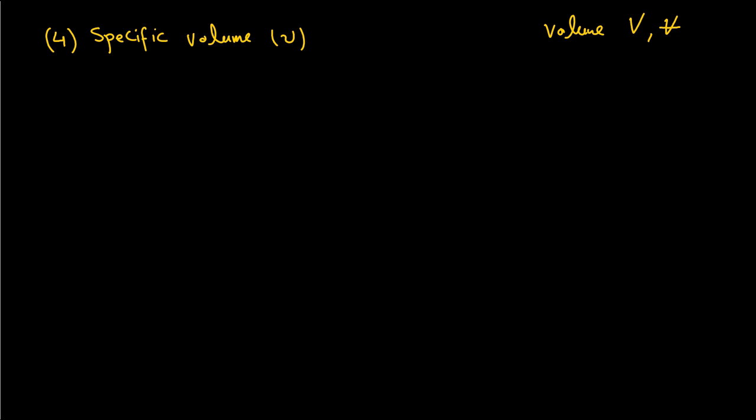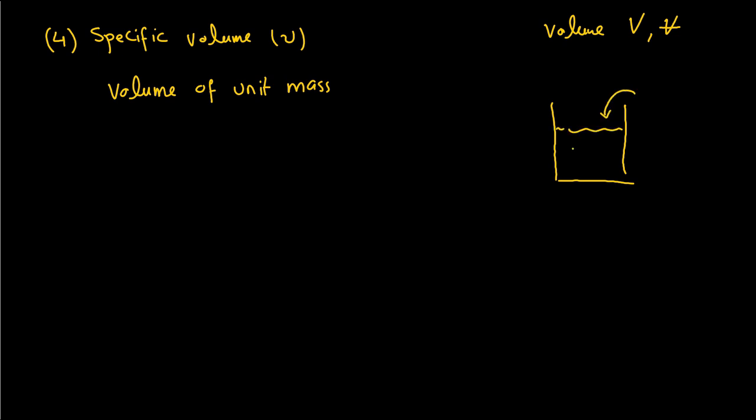So specific volume is simply the volume of unit mass. So if you bring a container and in that container you dump 1 kilogram of liquid or fluid, say water, so that's now the unit mass in here, then you measure the volume of that unit mass. This is what we call the specific volume.